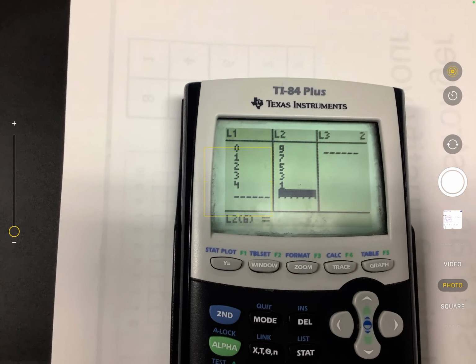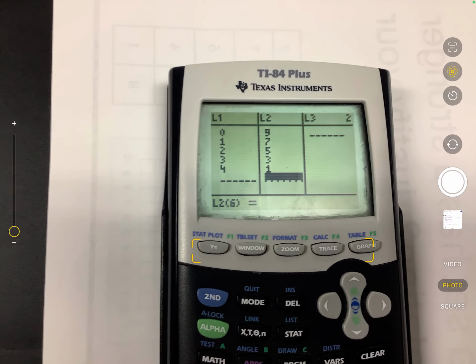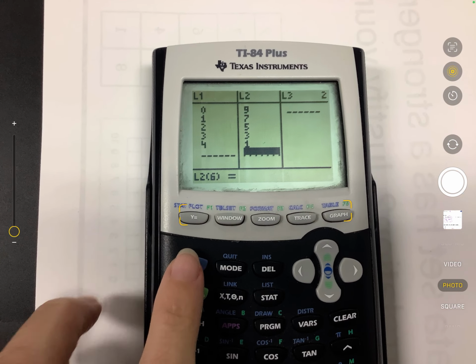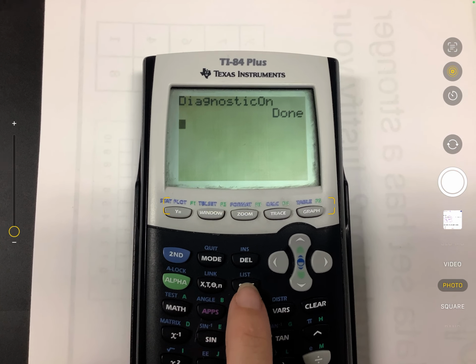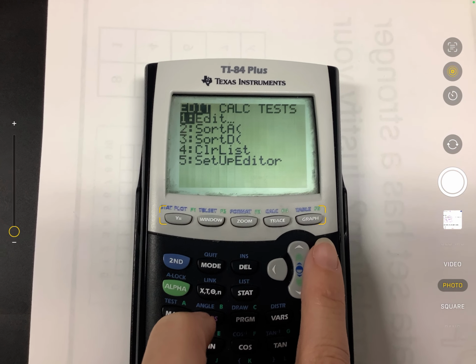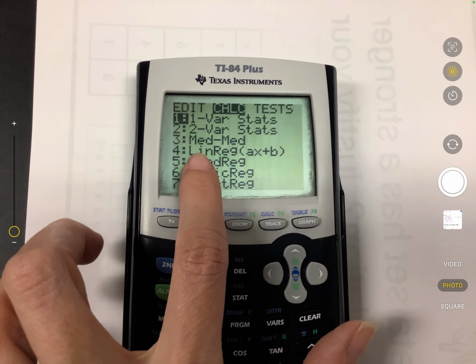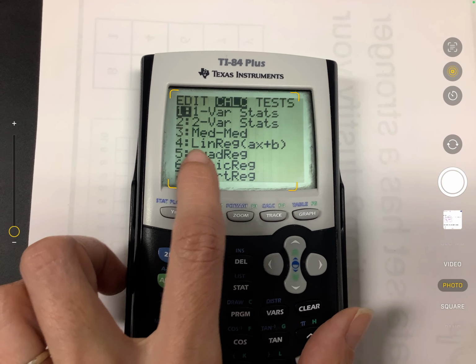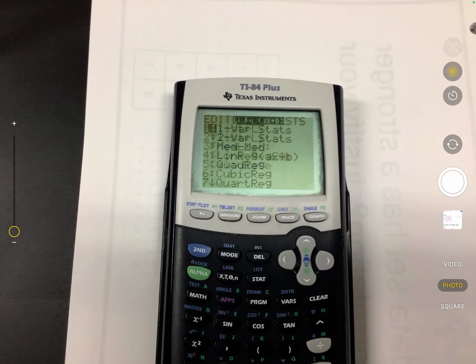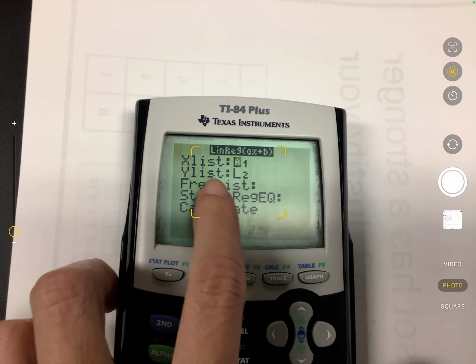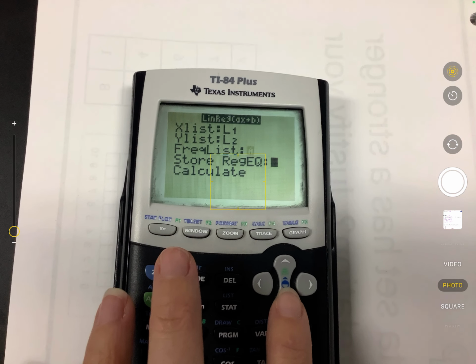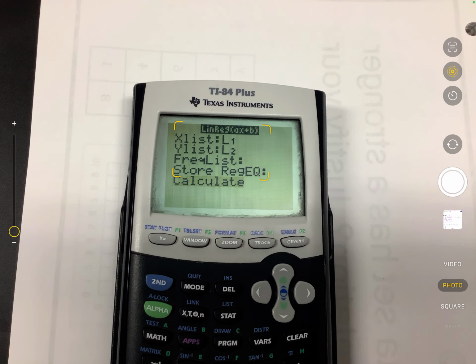So once you've inserted your data into your L1, L2, you're going to go back to your home screen, so second quit, and you're going to go back to stat. You're going to go over to calc, and you're going to choose linear because that's what we're talking about. So number 4. And then make sure X is L1, Y is L2. You're going to go down to calculate.